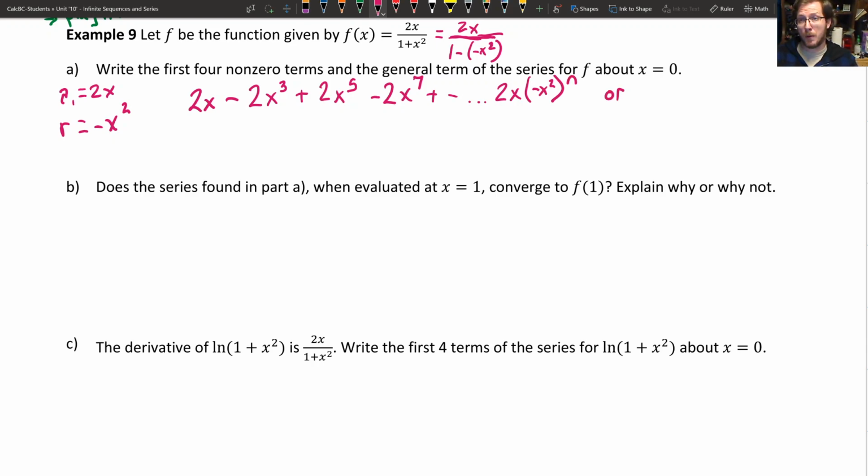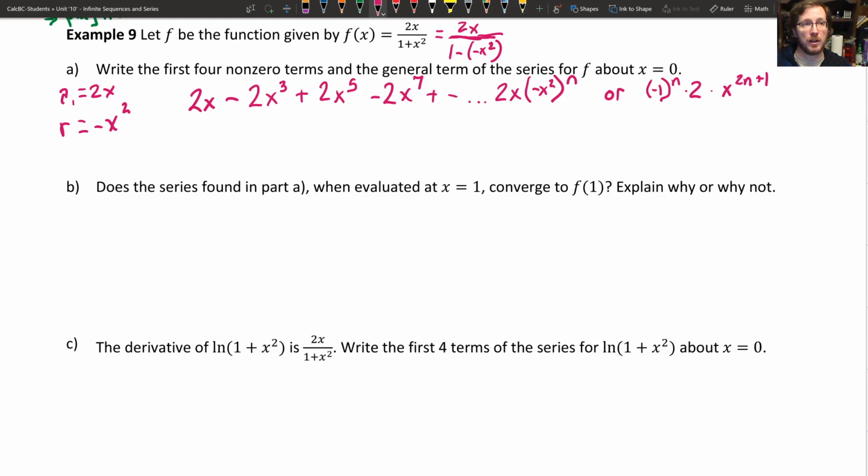Or, a more differentiable or integrable rule would be to pull out that alternator, pull out that coefficient, which is 2 every time, and we're just going to have, looking at that rule, x to the 2n plus 1, if we're saying n starts at 0, which we are.